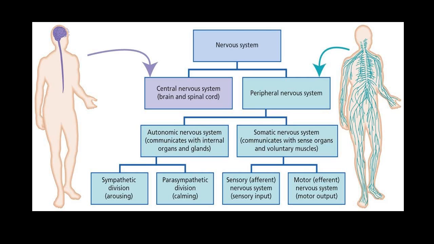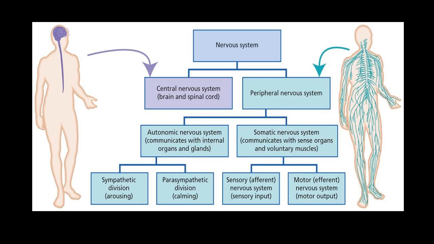The motor neurons control voluntary movements by activating skeletal muscles, and the sensory neurons carry signals to the central nervous system from the sensory organs. So before we talked about the central nervous system processing information, and this information comes as sensory information. So this information is carried through the sensory neurons in the PNS.